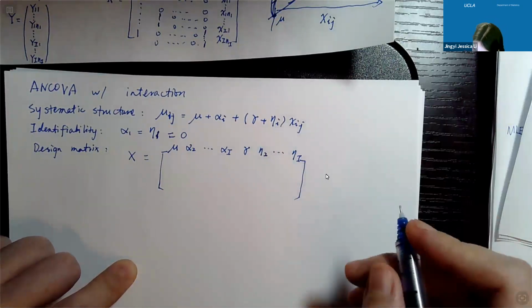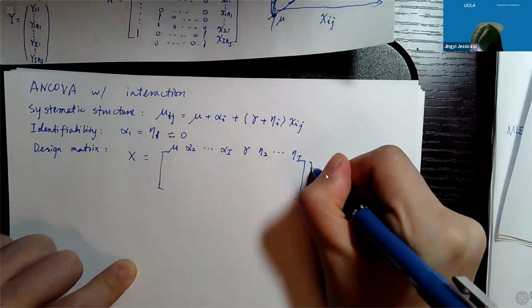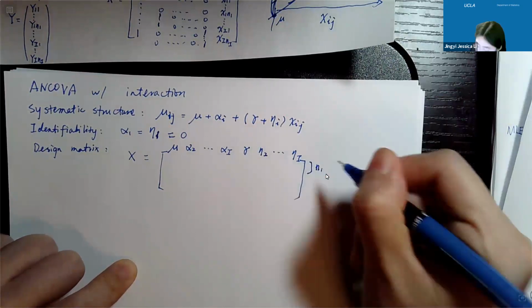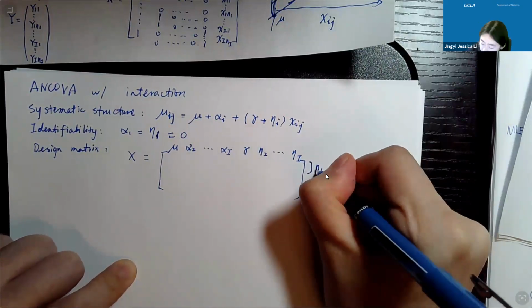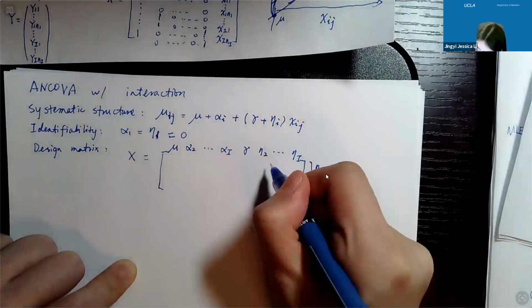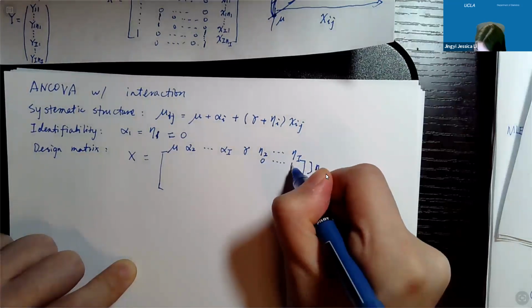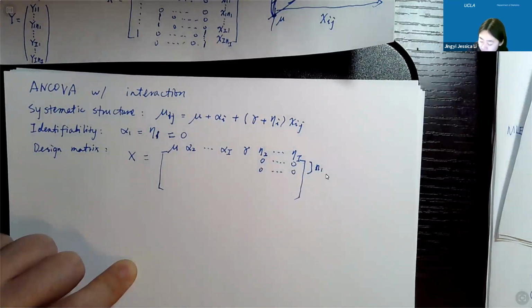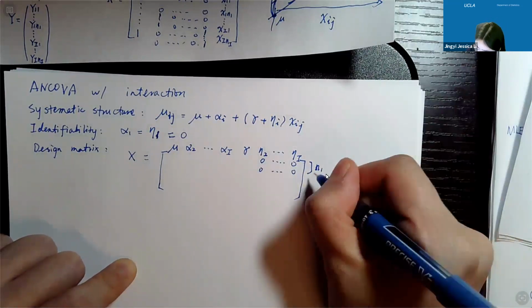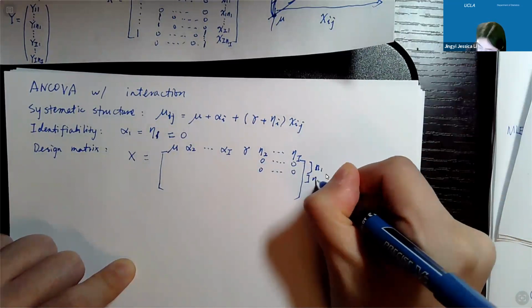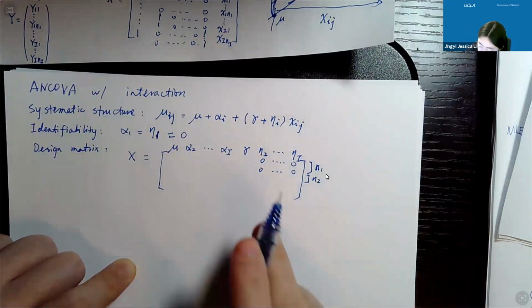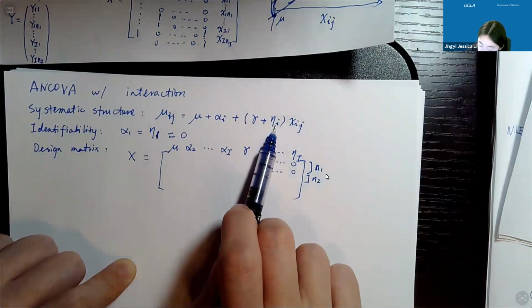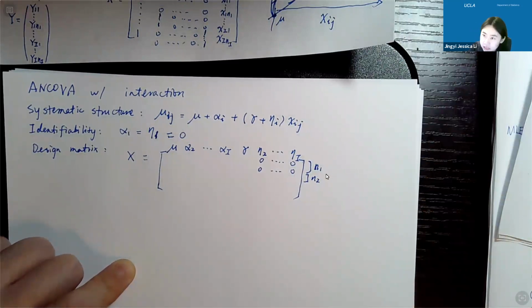So therefore, for the first n1 rows, for these observations, they would have 0 for these eta 2 to eta I columns because they are not in level 2 to I. But for the next n2 observations, they are going to have this eta 2 as an offset in the slope.